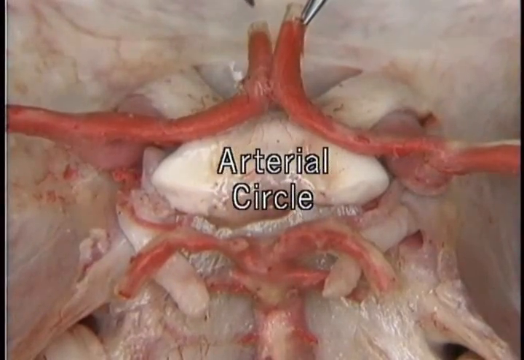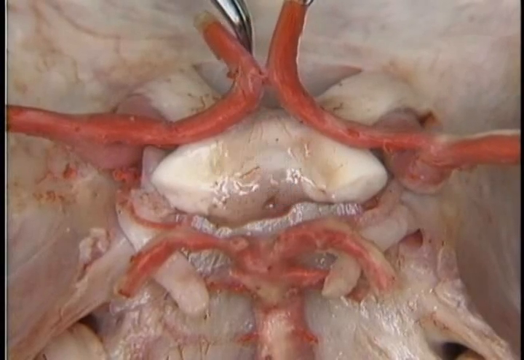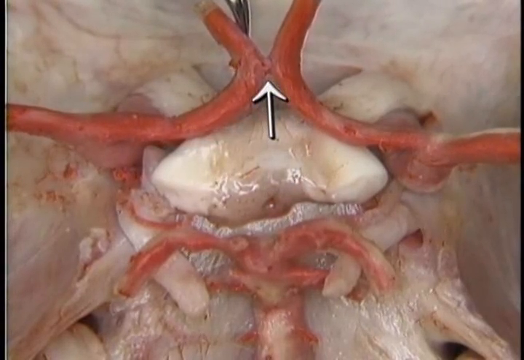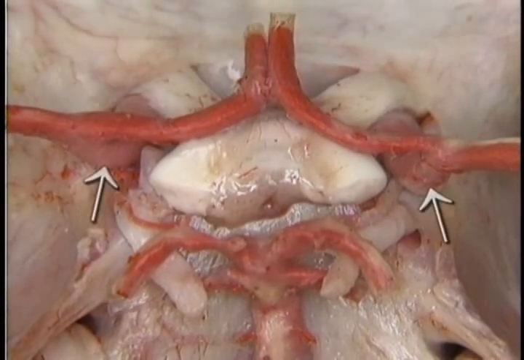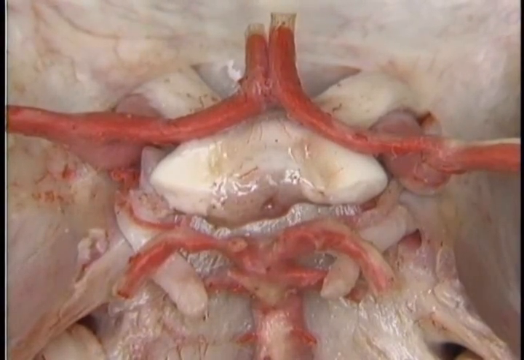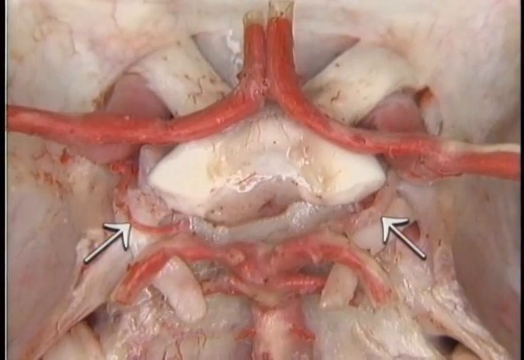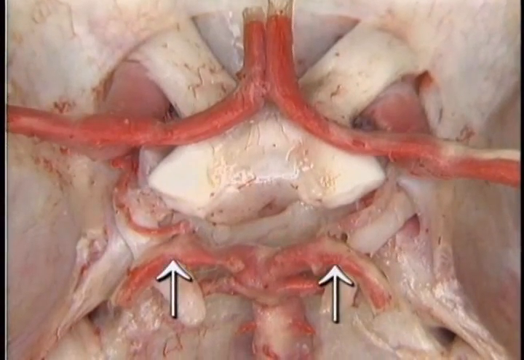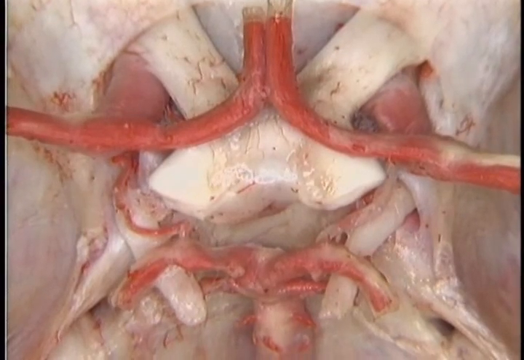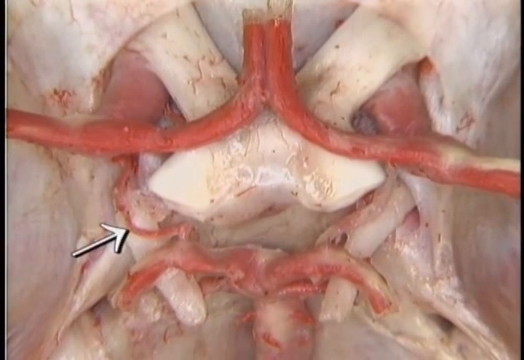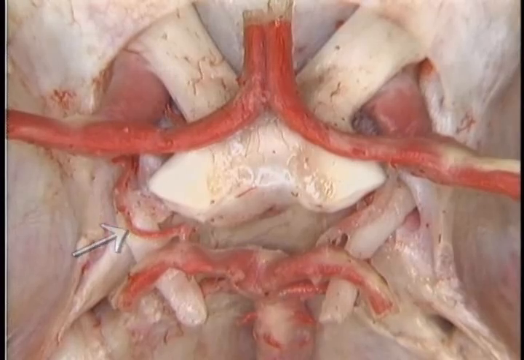Its component parts, from front to back, are the anterior communicating artery, the anterior cerebral arteries, the internal carotids, the posterior communicating arteries, and the posterior cerebral arteries. The arrangement is often somewhat asymmetrical. Here, the left posterior communicating artery is very small.